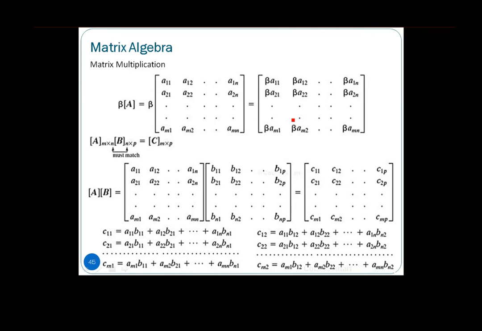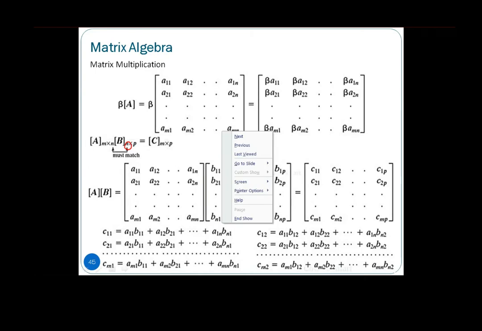If in the case of multiplication of two matrices, then you have to fulfill the rules. Let's say your A is an m times n matrix, then B has to start with n, an n times p matrix.